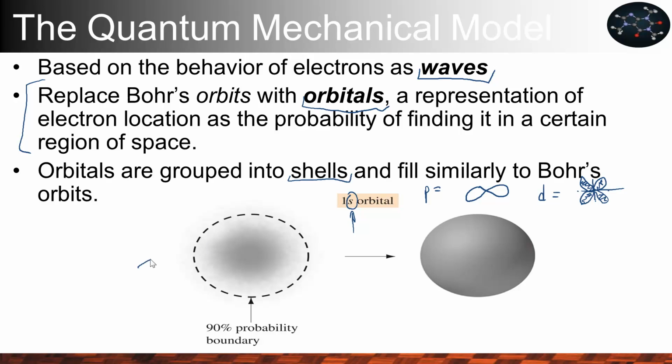So we just define these shapes. We can't exactly know where the electron is, but we can be a certain percentage sure that we can find the electron within a certain boundary, and that's how we determine the shape, and then therefore name the shape, and then later on use the shape to predict the overall connectivity and which direction atoms orient themselves in space, which can also lead to properties, chemical and physical properties.